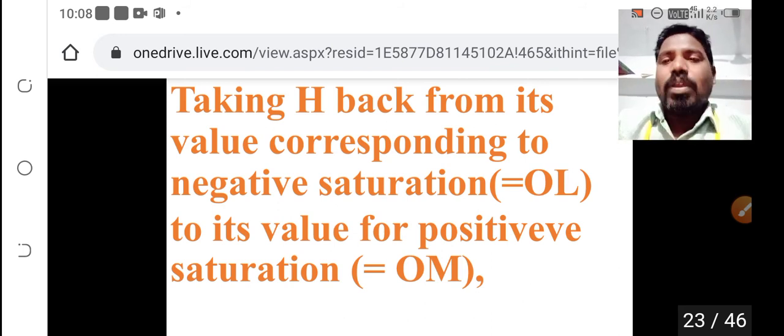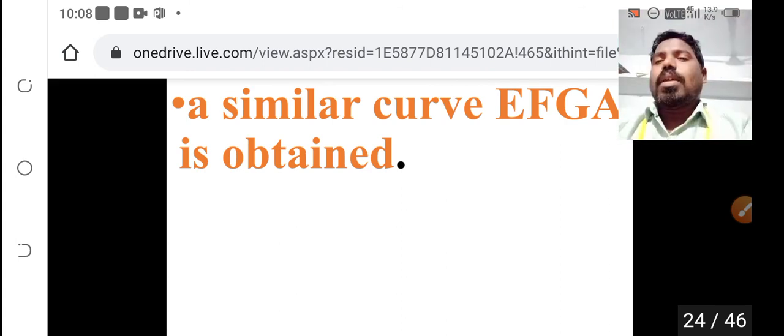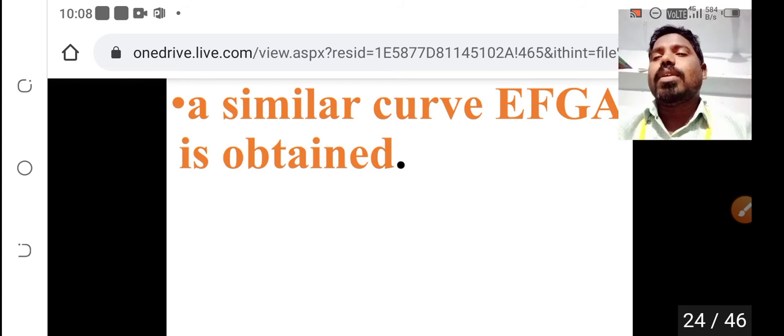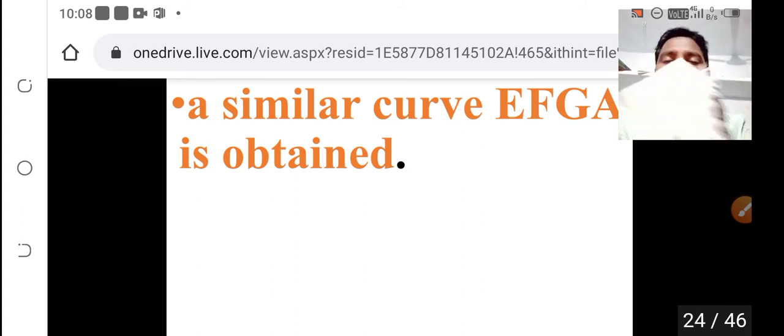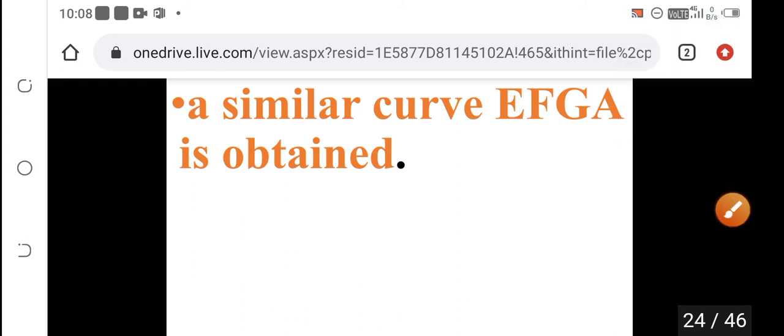So OM is the positive saturation level and OL is the negative saturation level. A curve will then be formed. The curve is EFGA. The EFGA curve is formed.